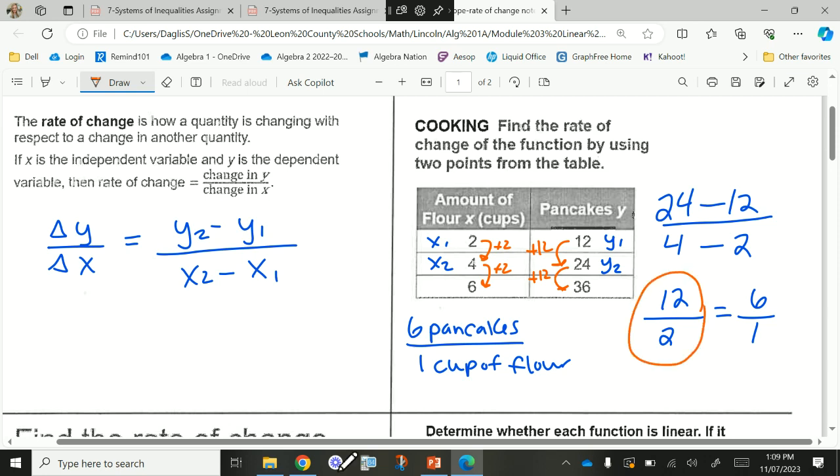Look at that, 12 over 2, because my Y's changed by 12 as my X's changed by 2. Does that make sense? Kind of looking at it with tables? As long as it's doing it the same way each time. Like if it said 2, 3, and then 4, 6, 8, you would have to watch out for that.